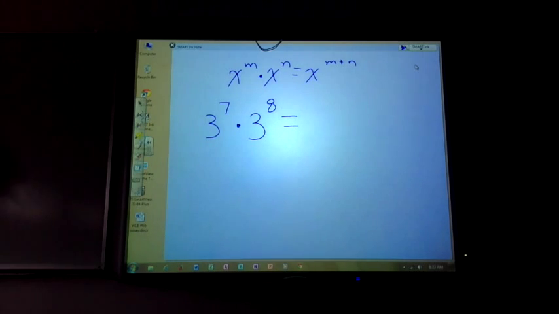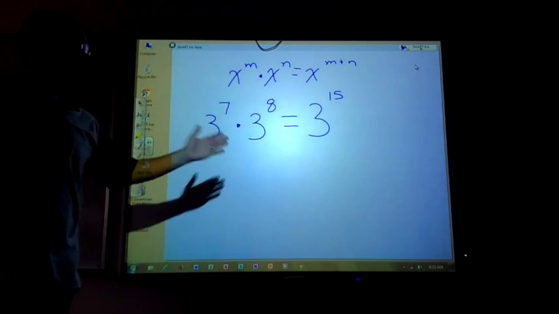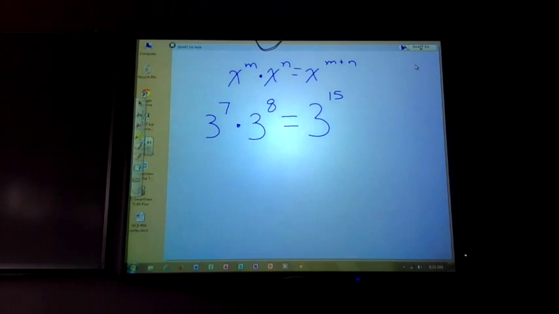Perfect. How'd you get there? Added the exponents. Like bases, we have an exponent in the same place, so I'm going to add them together.